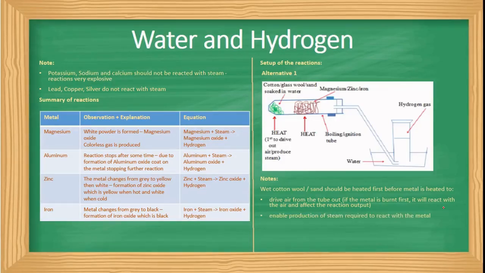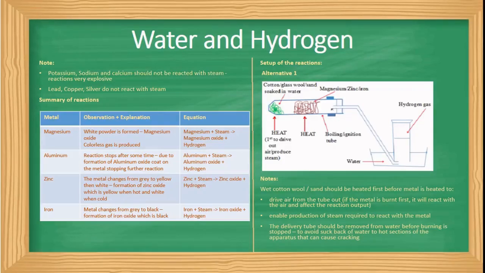The other reason is that you want steam to be available in the tube before you start heating the metal, because here we are checking the reaction between steam and metal. If you start by heating the metal, there will be no steam at that point. So first heat the wet cotton, glass wool, or sand, so that there is some steam inside the tube as you start heating the metal.